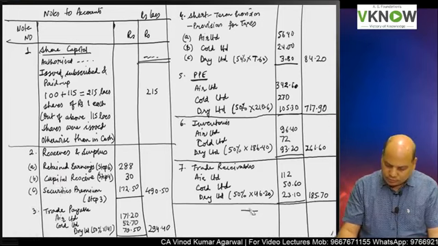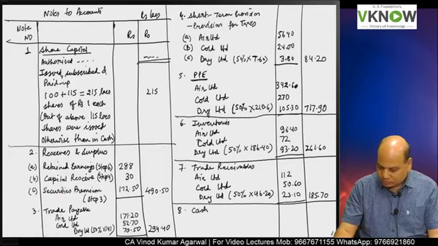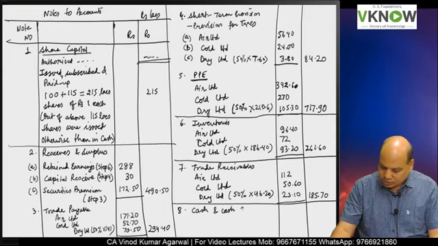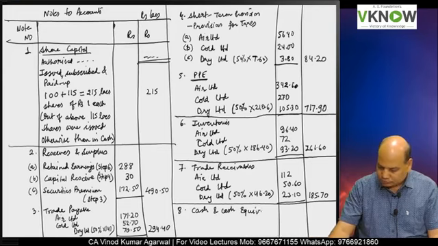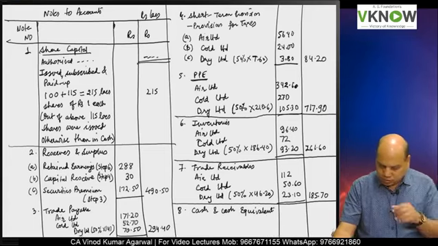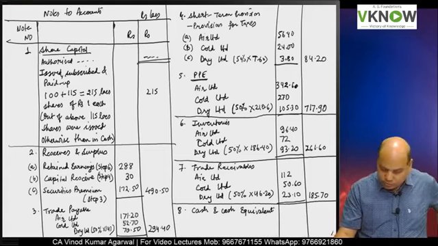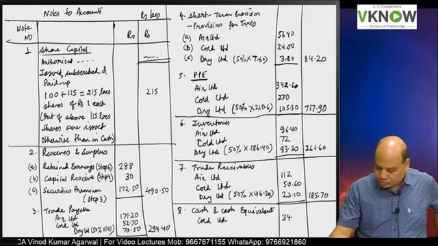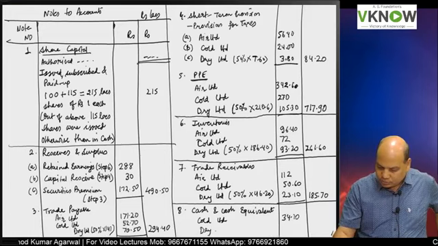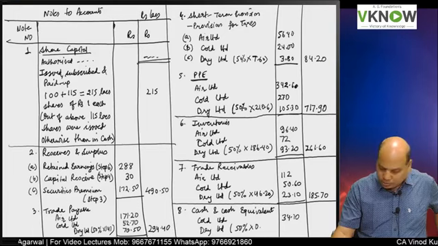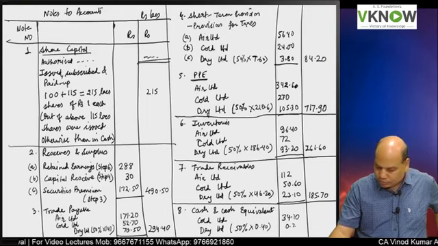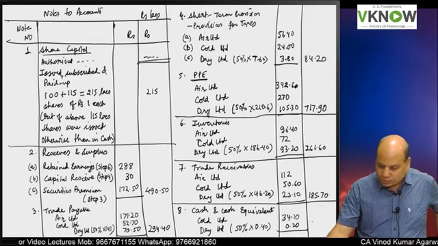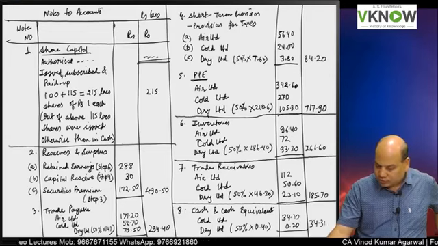And the last note is note number 8, cash and cash equivalent. Under that we have only two companies: Cold Limited full 34.10, Dry Limited half, 50% of 0.40, 0.20, so that is 34.30.